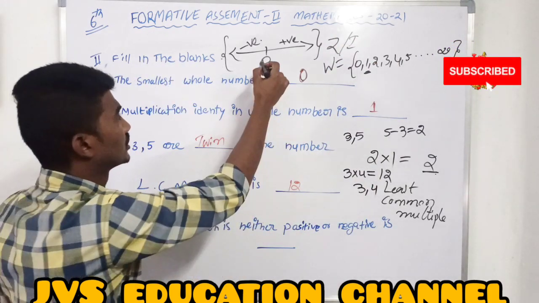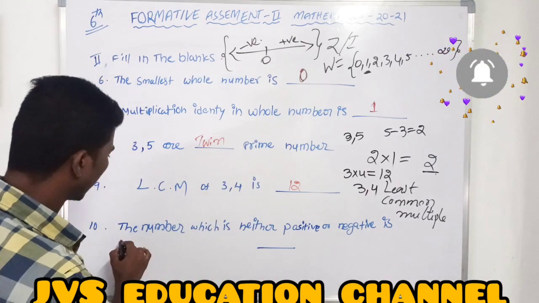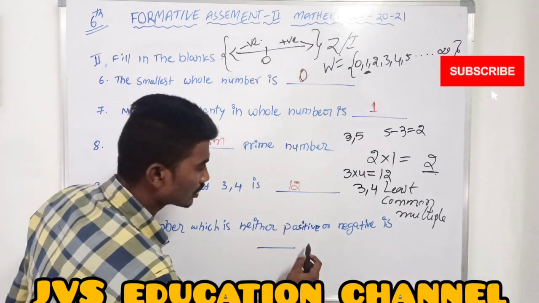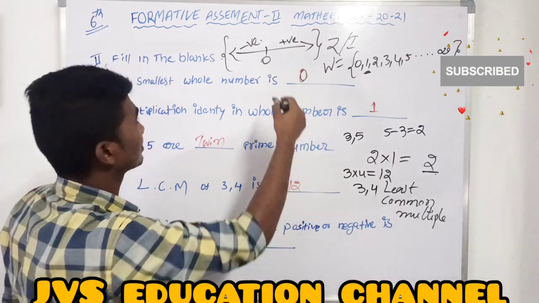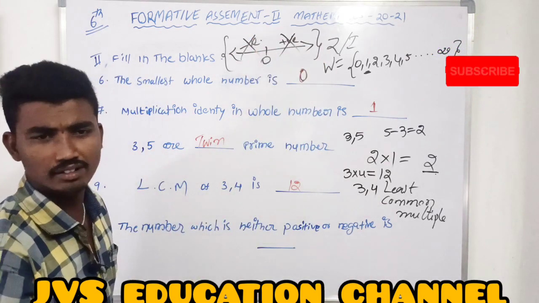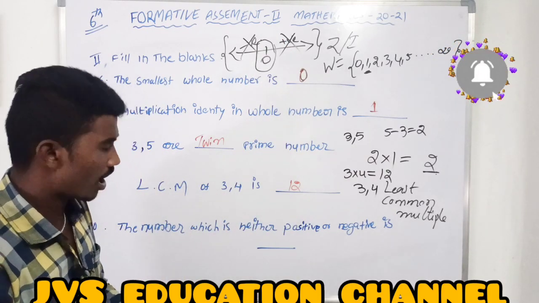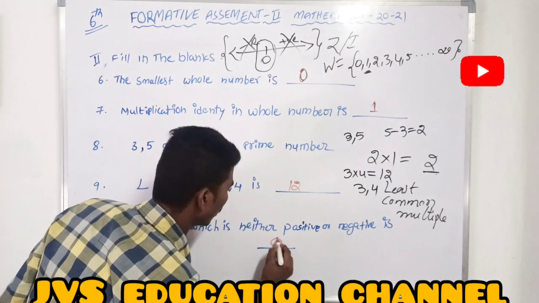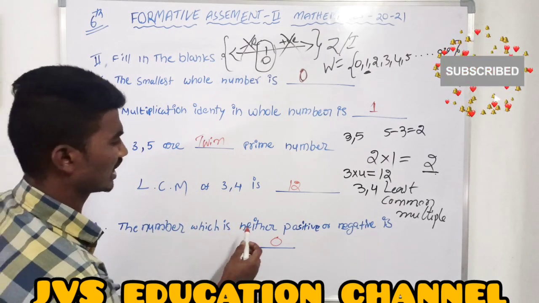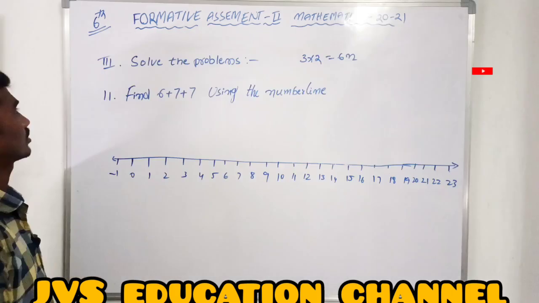What is the number? The number is 0. The answer is 0. The number which is neither positive nor negative is 0.